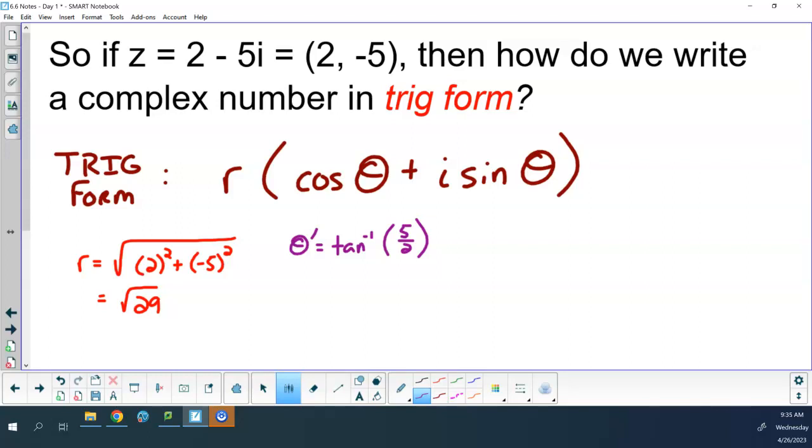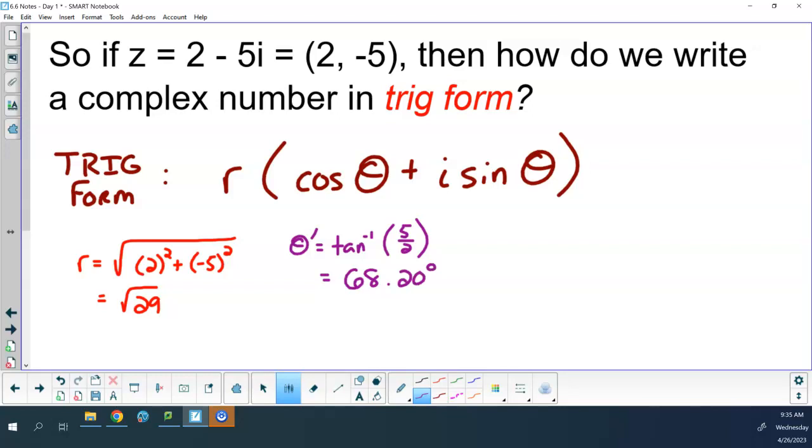Calculators might be in radians, just so you know. Should have had it by now. What do you got? 68 point, yep, I would go 0.20 degrees there.